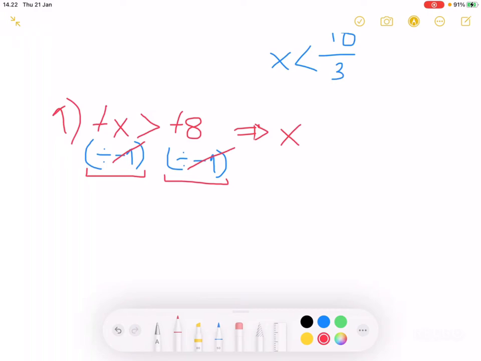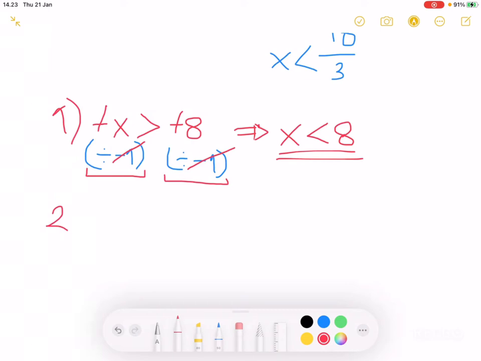What I mean by flips is that what is supposed to be greater than is now less than. So x is less than 8, and this is the true answer. If you divide or multiply by a negative number, the inequality sign flips, or changes direction.